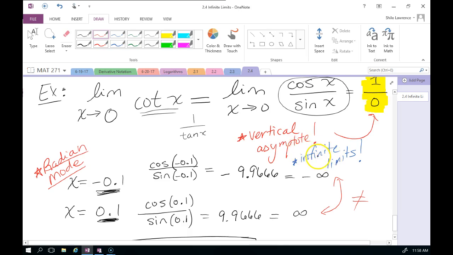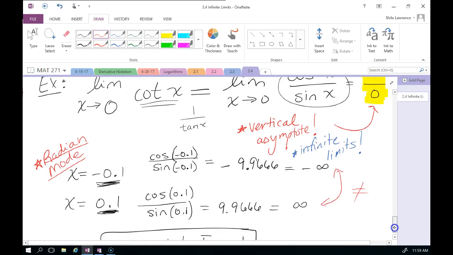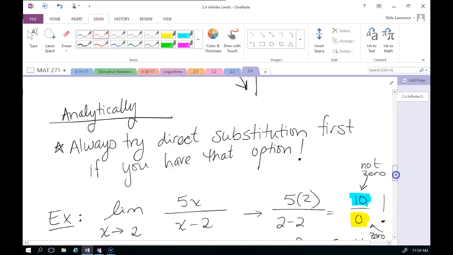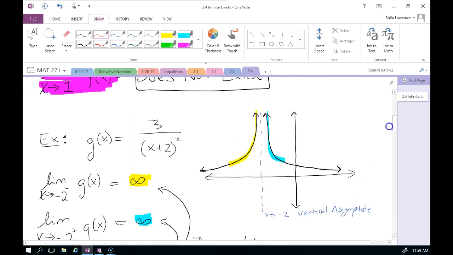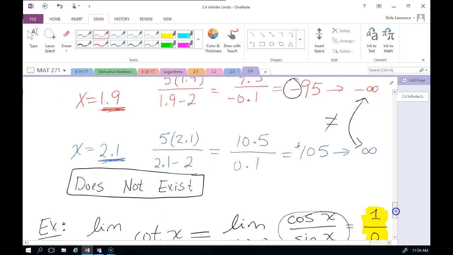A better strategy might be, once you know it's infinite limits, that you want to look at the graph and see what the graph has to say about it. That might be the best thing to do. So I'm just showing you some different options that you have. But we've already gone over the graphical, so you know what the graph looks like and what to look for here. So that's why I'm just showing you another option down here.